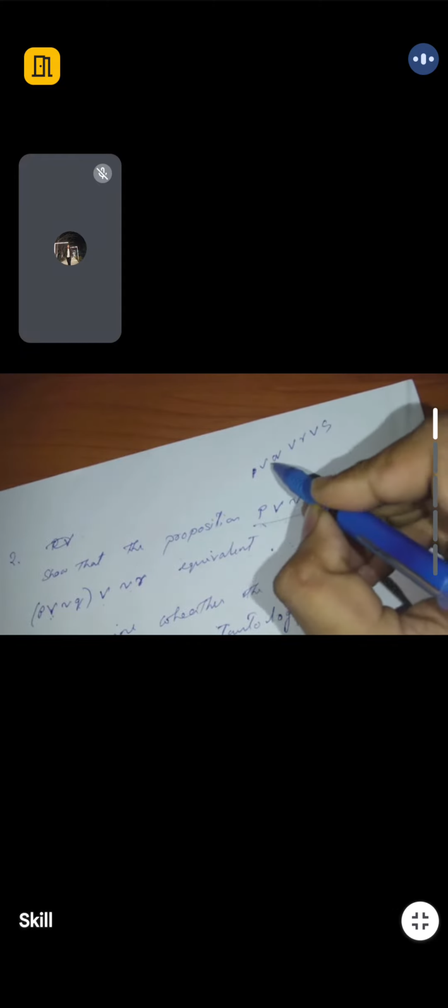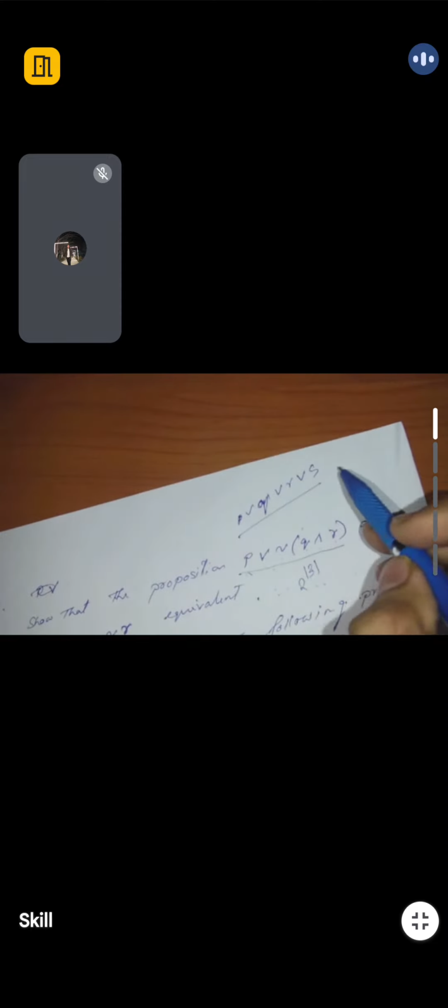If I consider P, Q, R, S, for this truth table we have 2 to the power 4, that is 16 rows. 16 possible combinations are there.